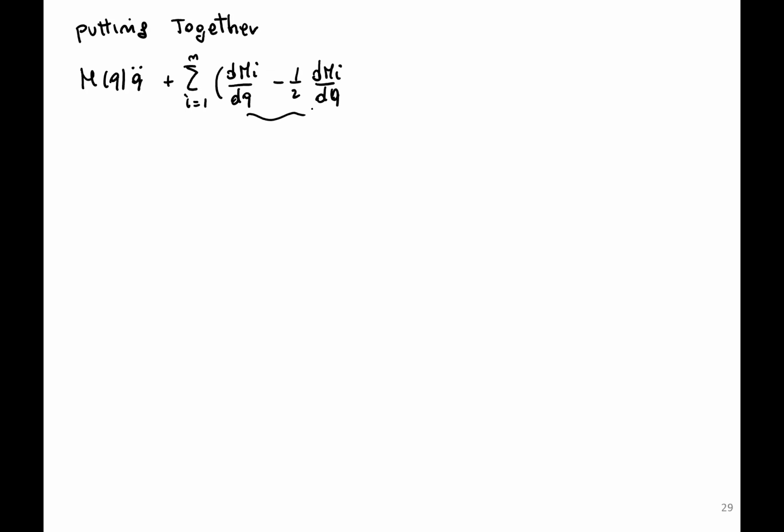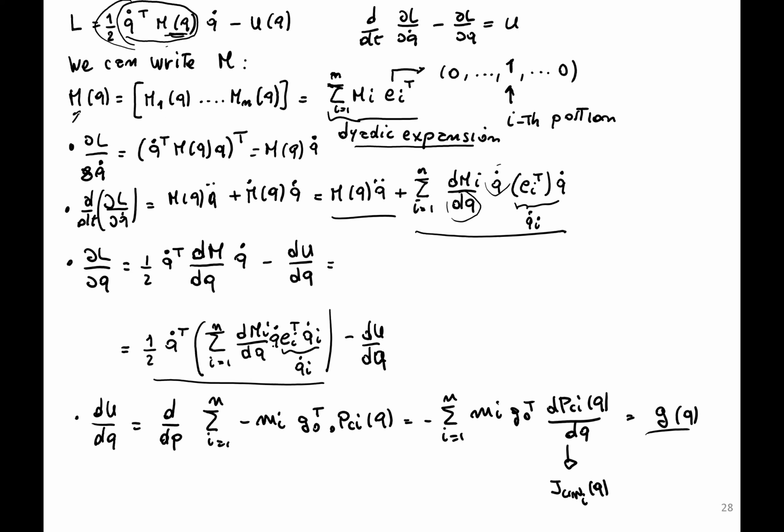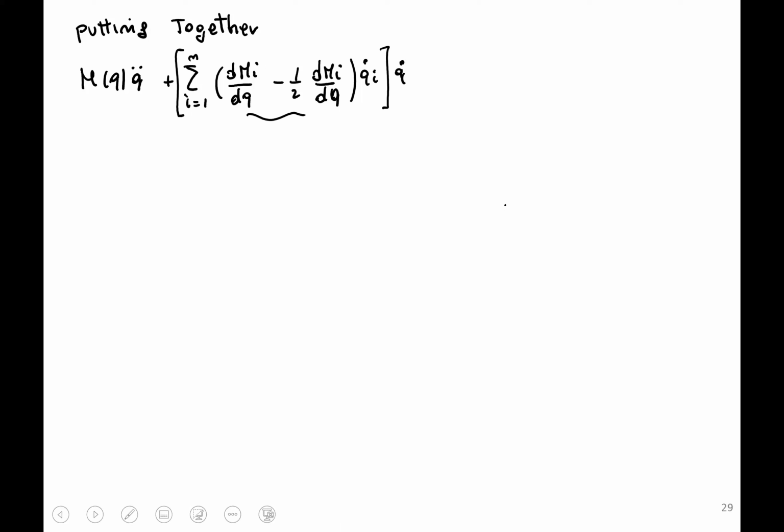So this can be simplified, times what? q_i dot, which is a scalar we computed before, times q dot, which we take out from before, because we had a q dot here and we had a q dot here. Then we have the gravity, equal to u.